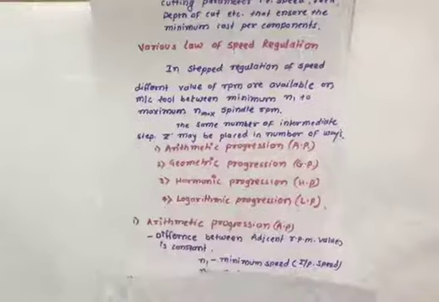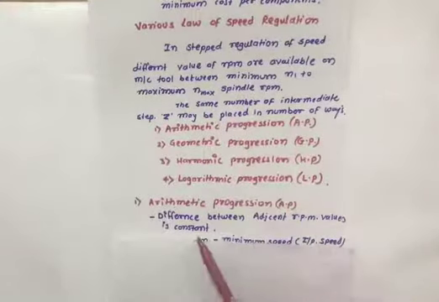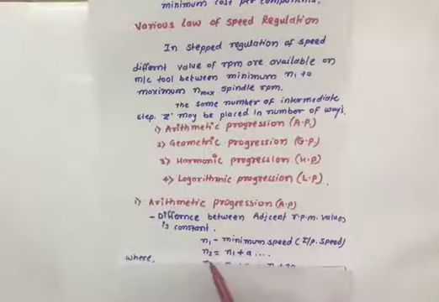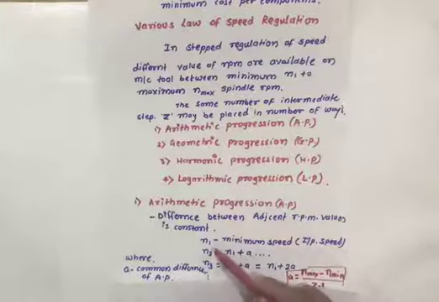Now we will see the first, that is arithmetic progression, where the difference between adjacent RPM values is constant. Assume N1 is the minimum speed, that is the input speed. N2 will be N1 plus A, where A is the arithmetic progression common difference. Similarly N3 will be N2 plus A, that is N1 plus 2A. By putting N2 here you will get N1 plus 2A.